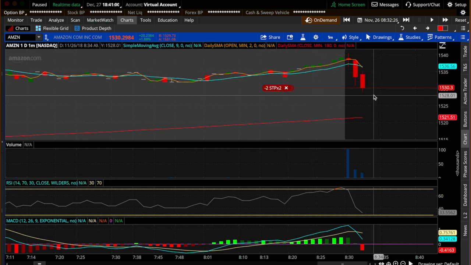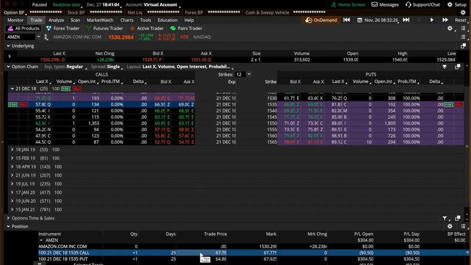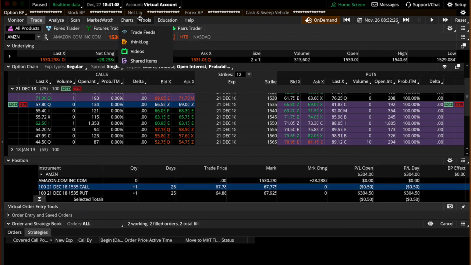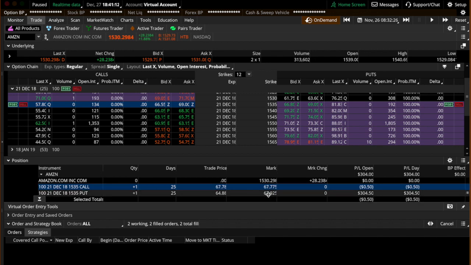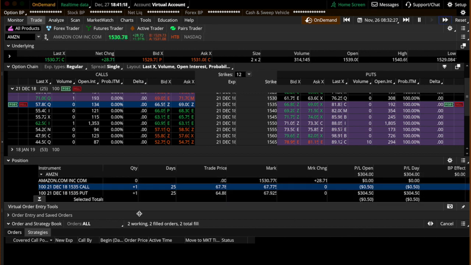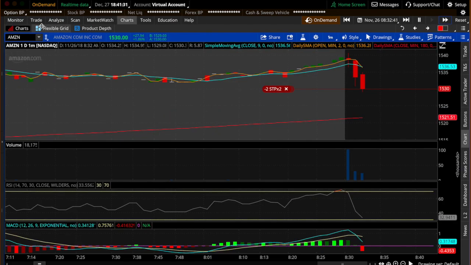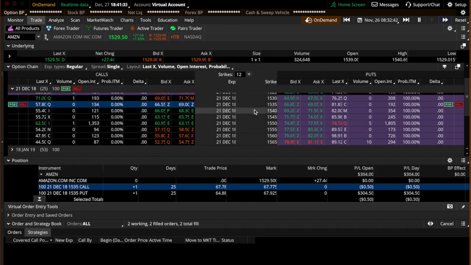Now, as this goes down, we should get stopped out on our call. I'm going to keep this side open, because once this hits 67.50, we stop out, and once this hits 64.50, we should stop out. So I'm going to start this back up and let it run for a little bit. This one is going to take a second to catch up, because we are going down in price.